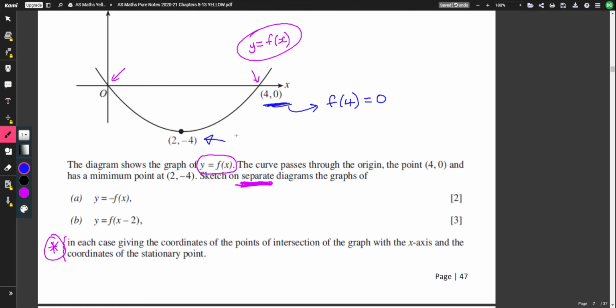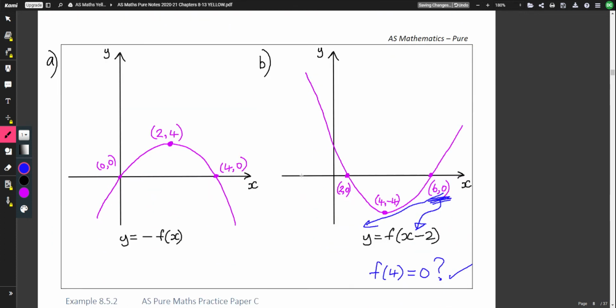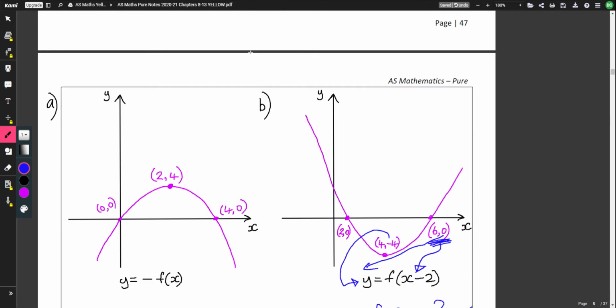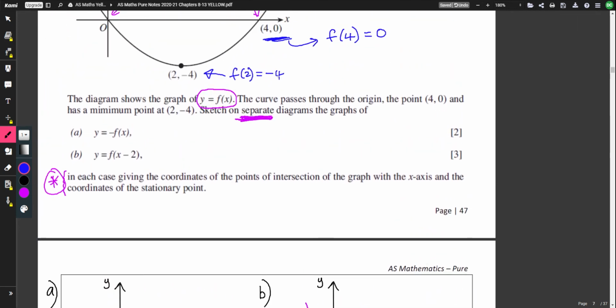This point is telling us that f of 2 needs to be negative 4. Let's check that here. Sub (4, -4) in. If x is 4, then inside the brackets we get 4 take away 2, which is 2, and y is -4. Yep, we still get that relation that f of 2 is -4.